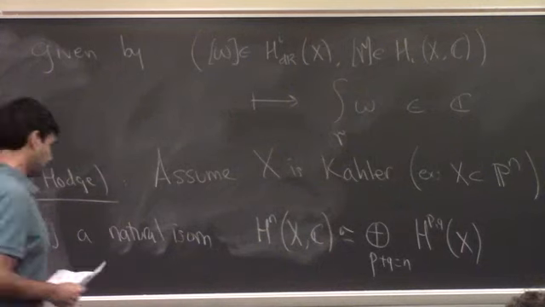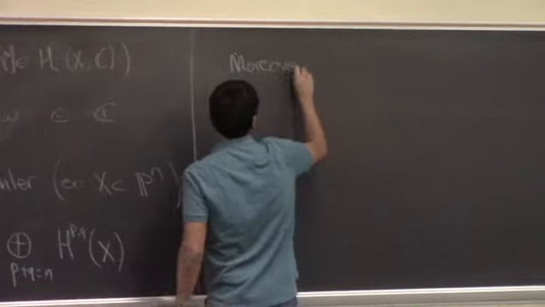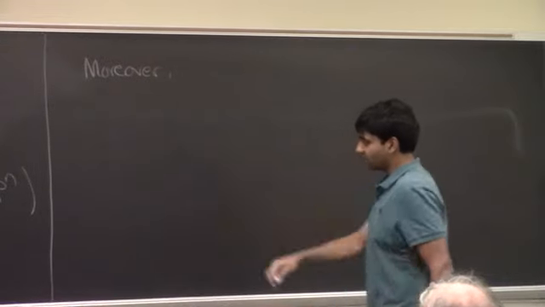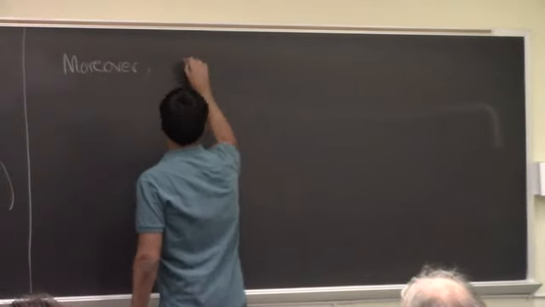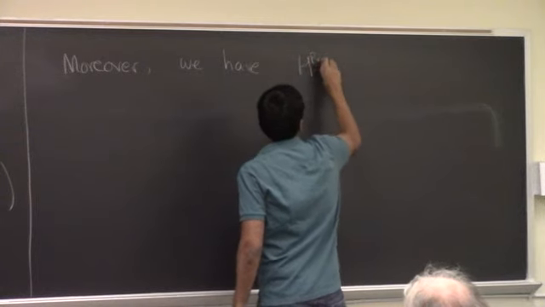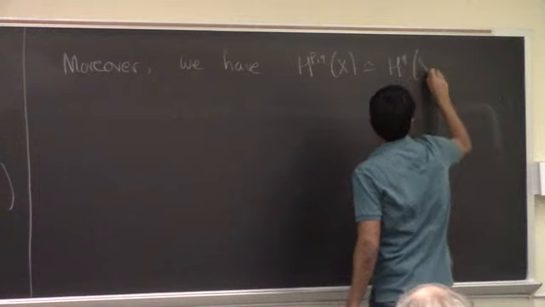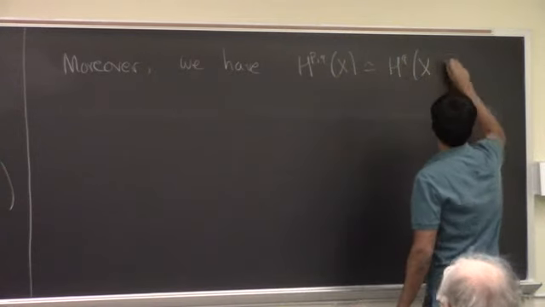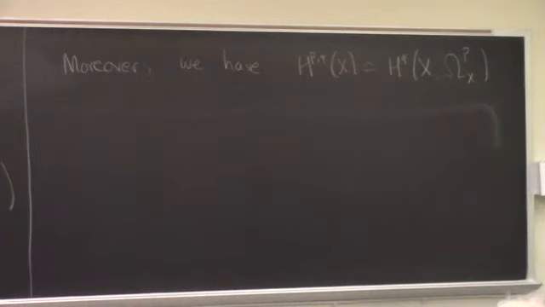And you can go further by understanding these H^{p,q} spaces entirely in terms of the complex geometry of X as follows. So moreover, we have H^{p,q} of X is identified with H^q of Omega^p of X. And here I'm using the language of sheaves.